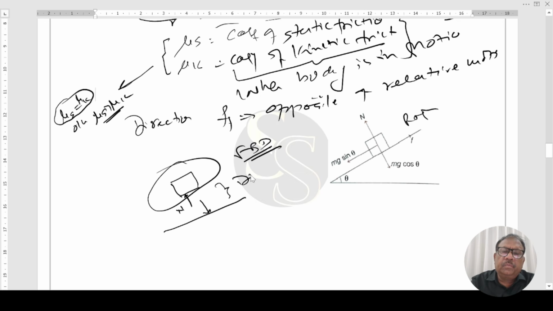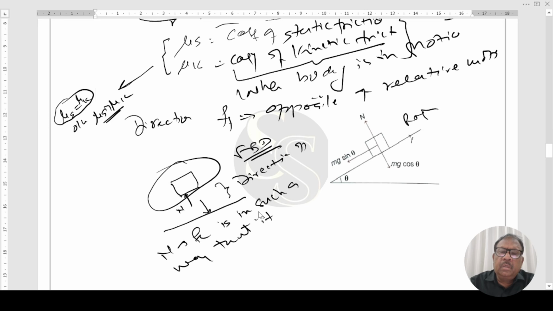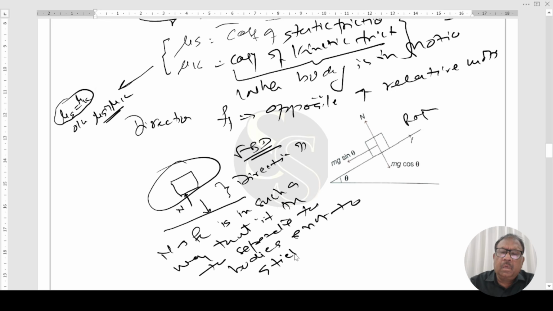The direction of normal or contact force is in such a way that it tries to separate the bodies and not to stick them together. One is acting upward, one downward.